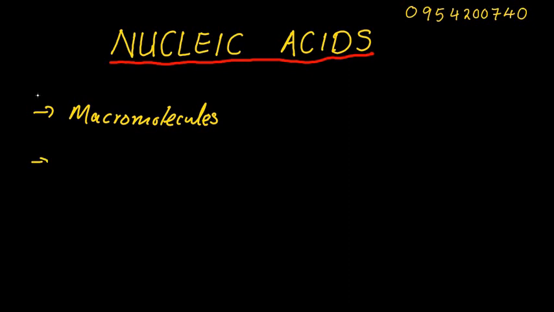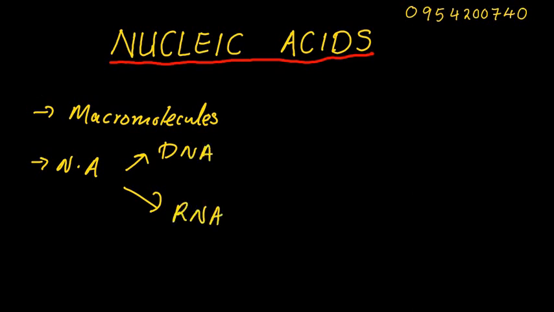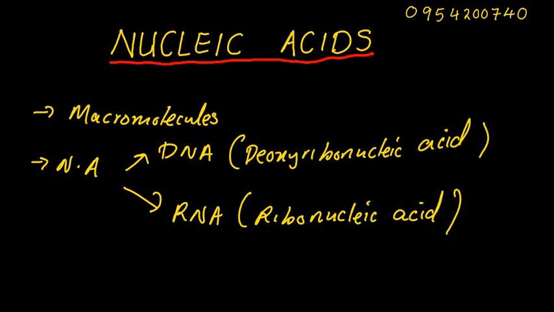The types of nucleic acids that we are going to be looking at are DNA and RNA. DNA is deoxyribonucleic acid, and RNA is ribonucleic acid.